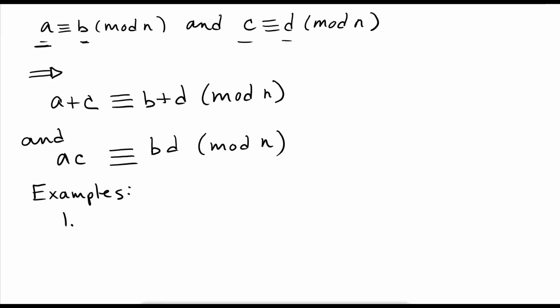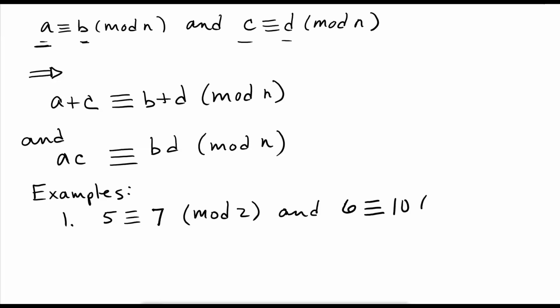So for example, I know that 5 is congruent to 7 modulo 2, and we know that 6 is congruent to 10 modulo 2. Let's double check this. I know that 5 minus 7 gives me a negative 2, which is a multiple of 2.